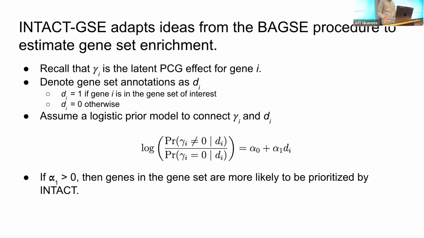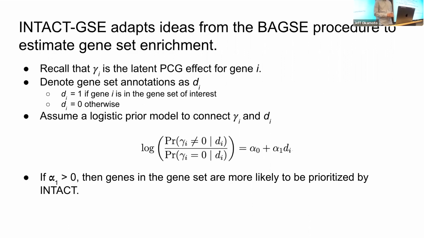So basically what we're going to do is take the BAGZ framework and adapt it from working with differential expression data to working with our posterior probability output. The idea of BAGZ really is to treat this gamma as latent and then use an EM algorithm to estimate the enrichment parameters. As setup, we're going to define some notation.